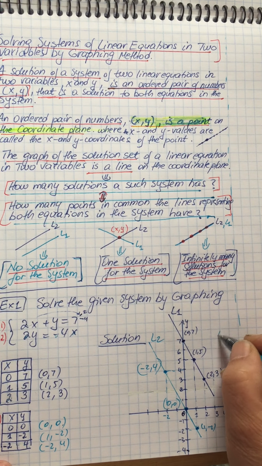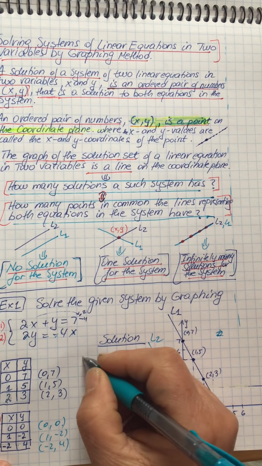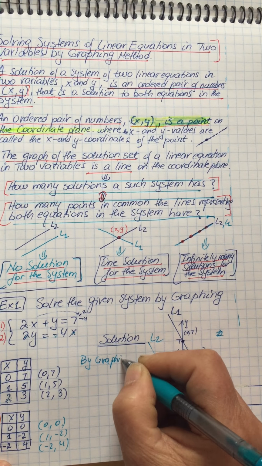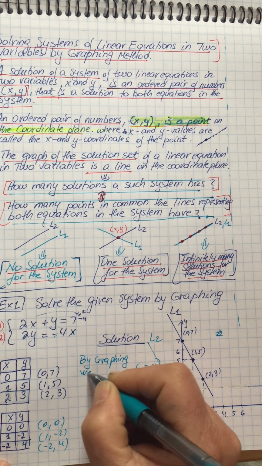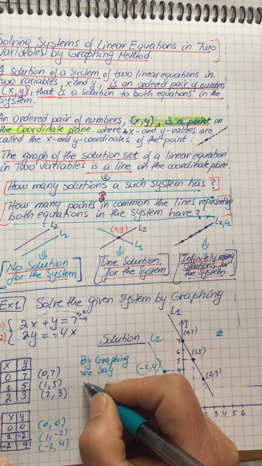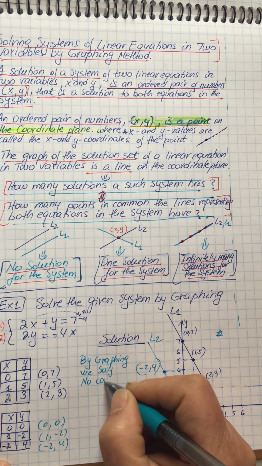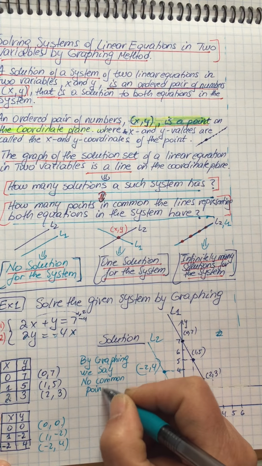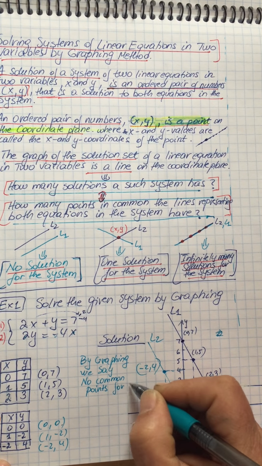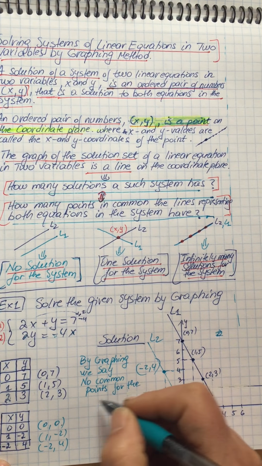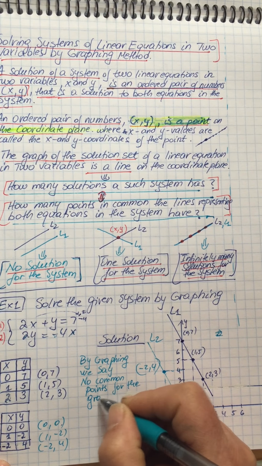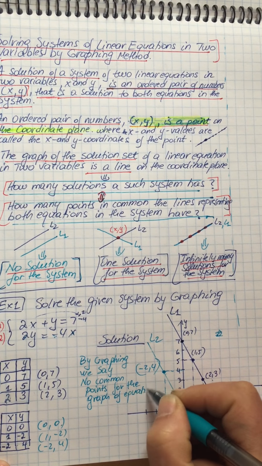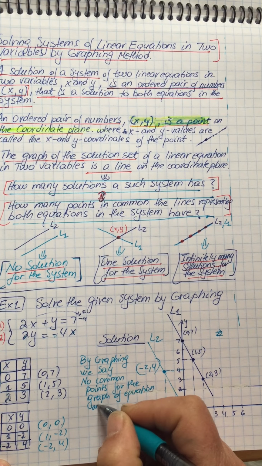So by graphing, we say no common points for the graphs of equations in the system.